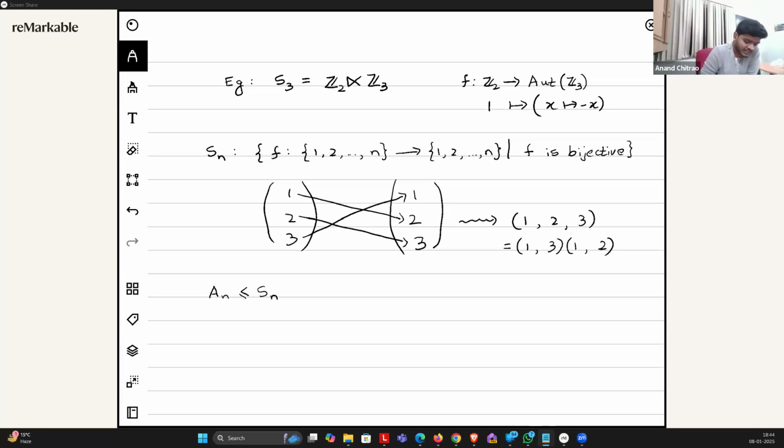I checked this equality by evaluating both sides at 1, 2, and 3. This is a function, a bijective function. So if you evaluate the left hand side at 1, what do you get?